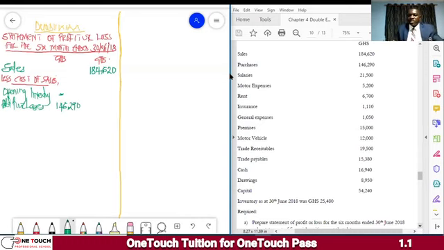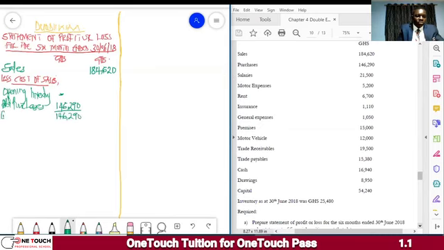If there were carriage inwards, that is the amount of cost incurred in transporting the goods to the business premises, you would have added. But in this trial balance, there is none. So when we add opening plus the purchases, we still get 146,290.